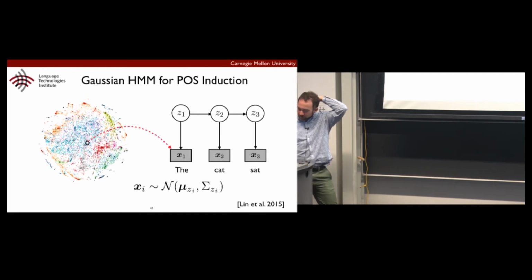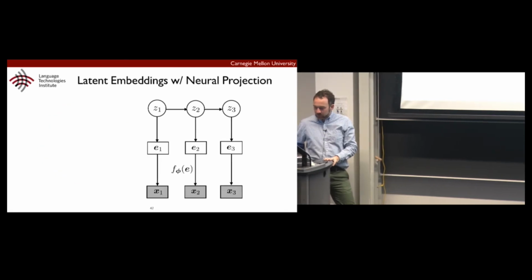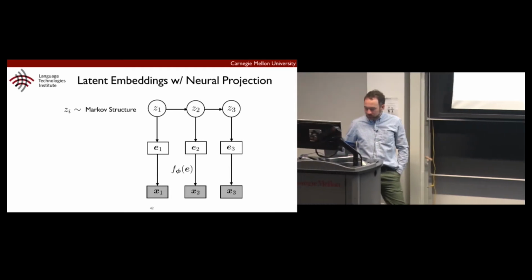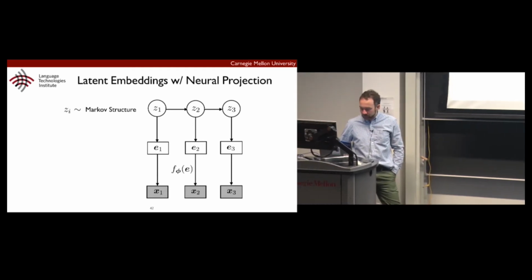So this is a problem because you can see that things are spread out in different parts of the space. The method that we propose tries to fix this problem. We have these latent variables z, which follow a hidden Markov model structure.